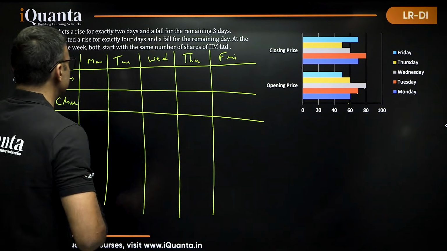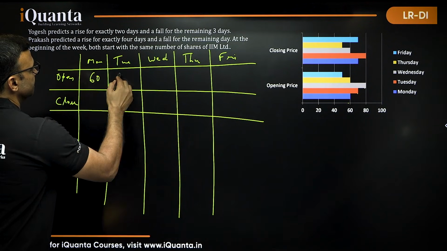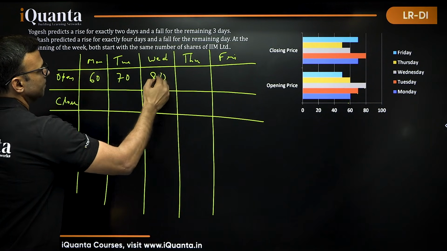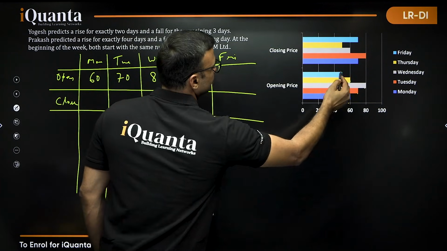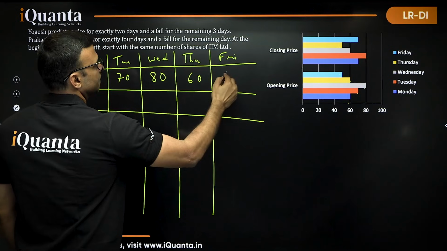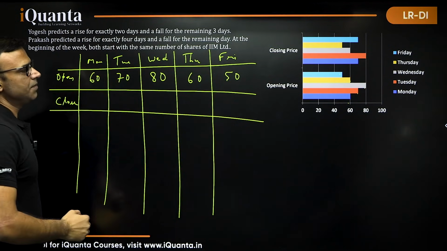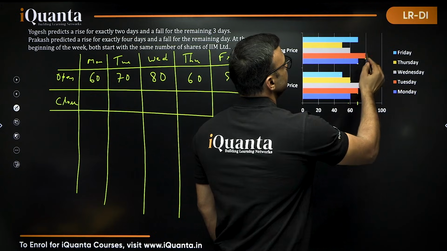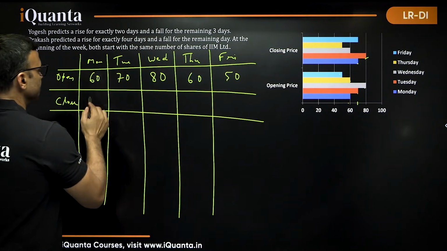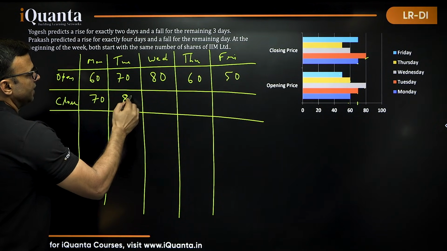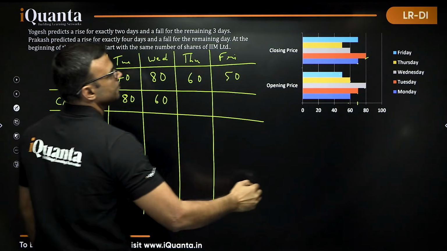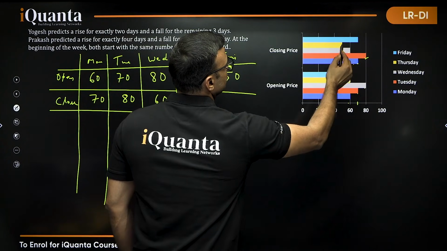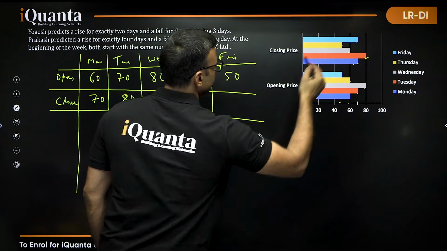So open price is 60, 70, 80, then 60 and 50. So we have the open prices. Then closing prices: 70, 80, 60, 50 and 70.